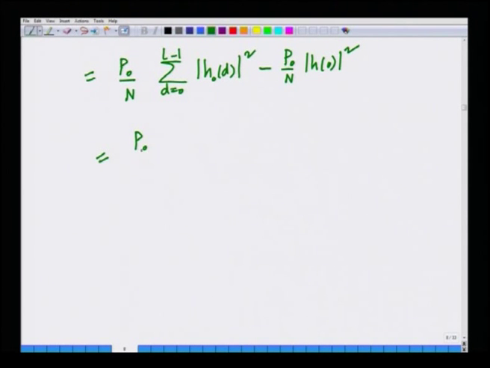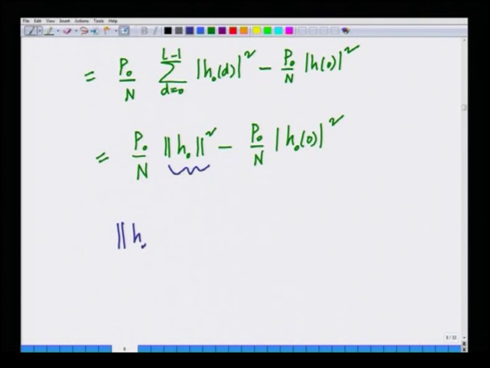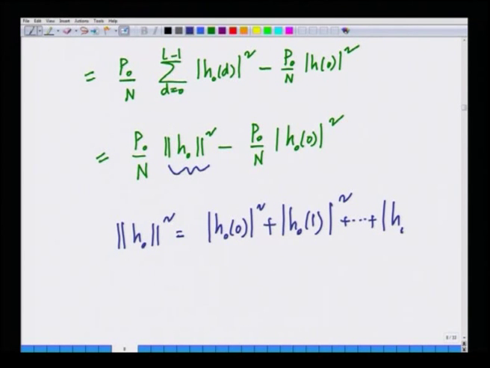This helps me write P0 over n norm of h0 square minus P0 over n magnitude of h0 square, where norm of h0 square is nothing but the total received power in the channel, that is the sum of the magnitude squares of the individual channel components, that is magnitude h 0 square plus magnitude h 1 square plus up to magnitude h L minus 1 square.